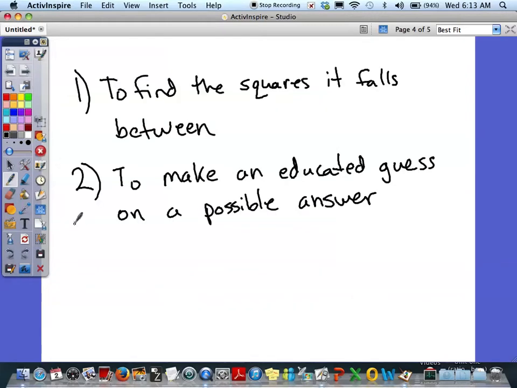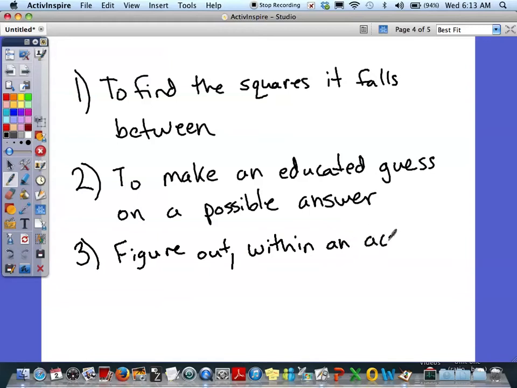And so after you make an educated guess on a possible answer, figure out within an accuracy of a tenth what it falls between.